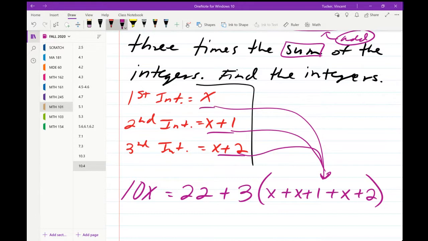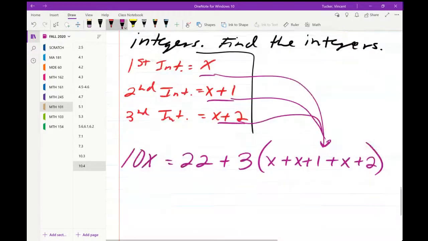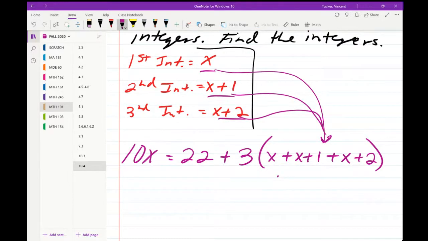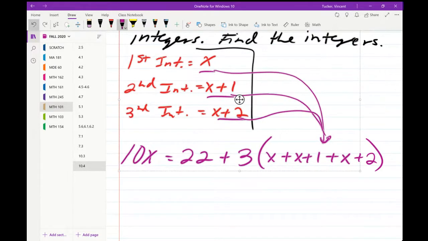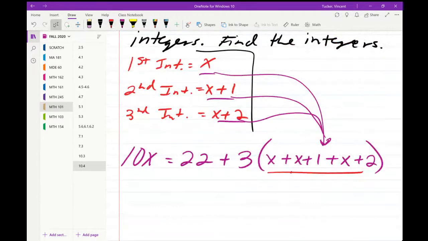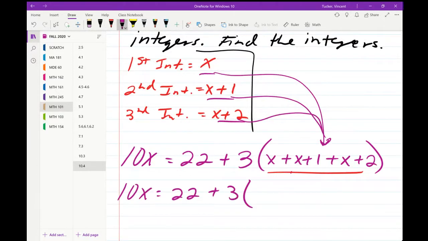So before we go any further, any problems or questions with the setup? All right, so let's go ahead and add these together, or simplify as much as we can inside of the parentheses. Combine your like terms: x plus x plus x is 3x, and 1 plus 2 is 3.